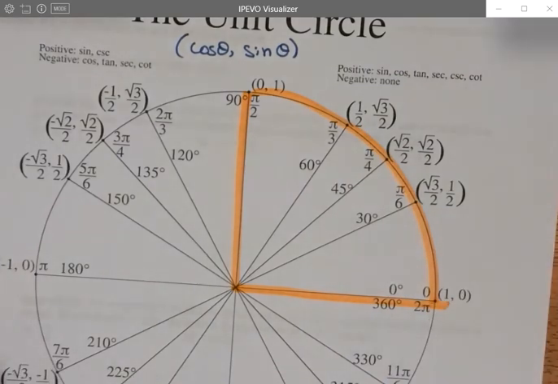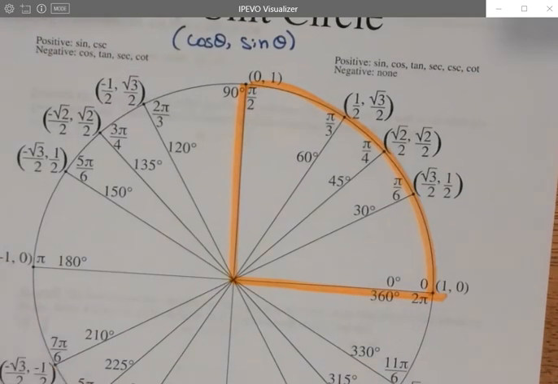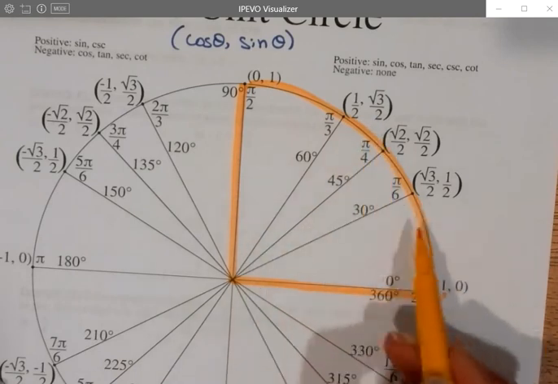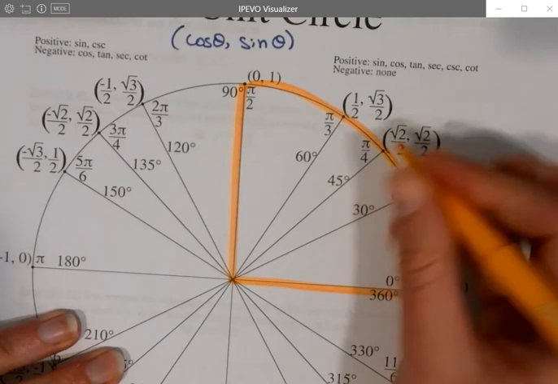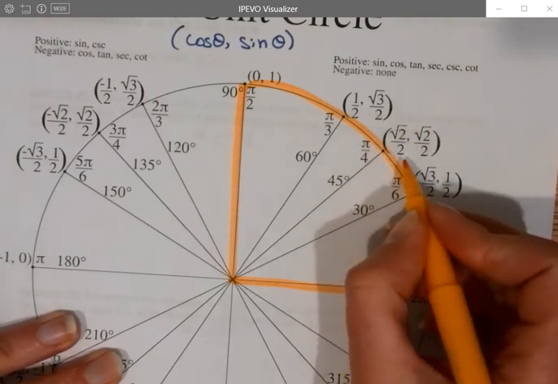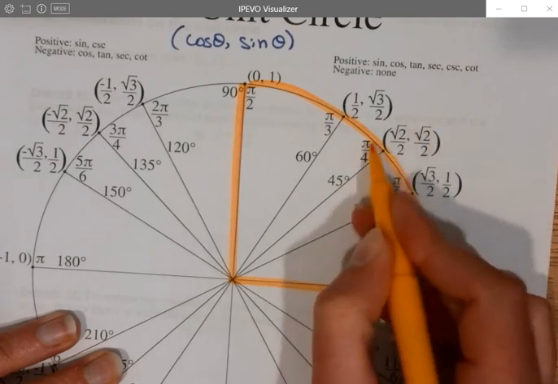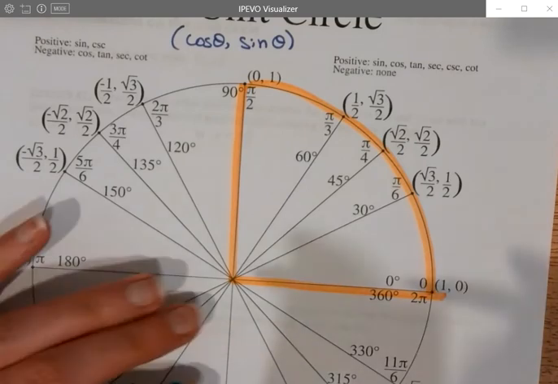And again, the 30 and the 60 have similarities. They have the two values, 1/2 and square root of 3 over 2, or square root of 3 over 2 and 1/2. And then pi/4 is actually the easiest one to remember because they're both root 2 over 2. So you can probably remember the pi/4 or the 45 degrees is root 2 over 2, root 2 over 2. For these two, remember whether it's a tall triangle or a short triangle.